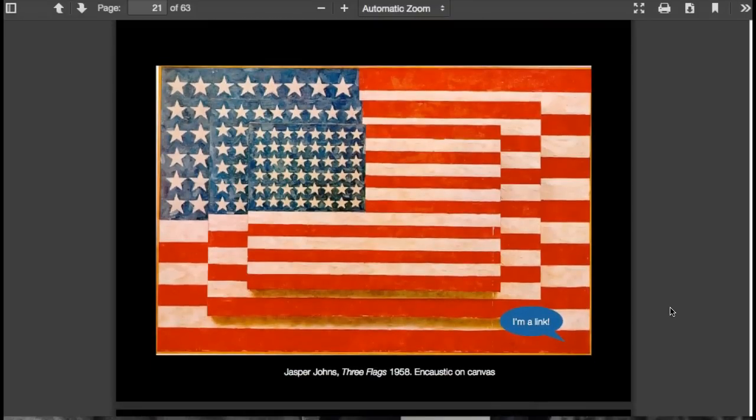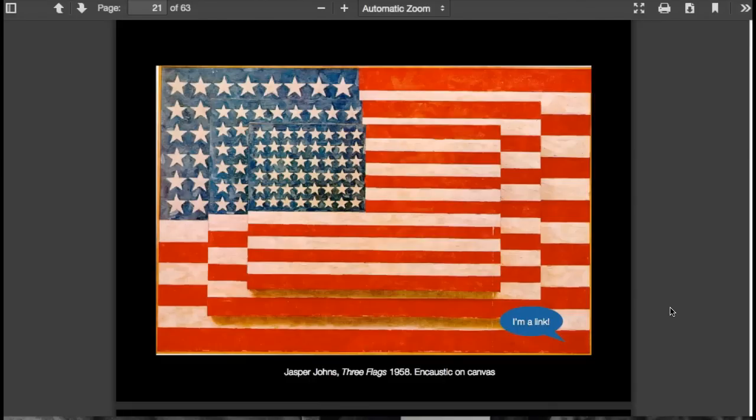We have contemporary artists, though, or modern artists, who use encaustic, so kind of bringing these ancient methods into the 20th century. And there's a link here for you to look at Jasper Johns's work, and he uses this very old method to give us his flags, and he did several versions of these.